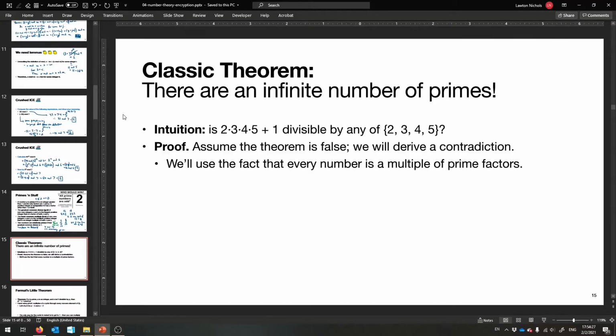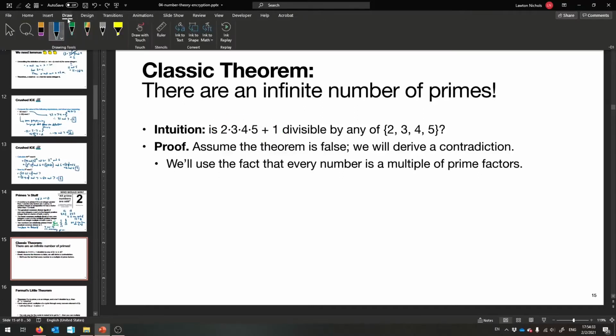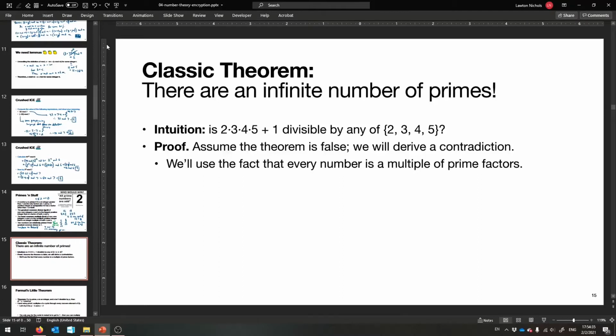So let's do this. And the intuition is based on this. 2 times 3 times 4 times 5, just a bunch of numbers, starting at 2, wink wink, plus 1. Is it divisible by any of those original numbers, 2, 3, 4, and 5?